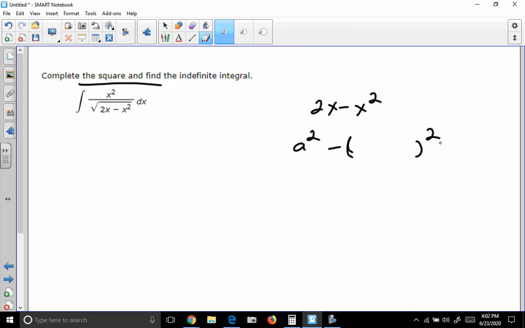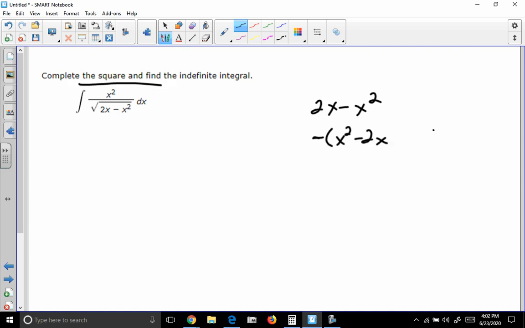So let's start out by factoring a negative out. If we take a negative out, we could call this x squared minus 2x. If we take half of this number and square it, we would get plus 1. And if we add 1, we also have to subtract 1 to keep it equivalent. Well, we don't need this 1 on the inside. So if we take that 1 out front, once it comes out of the parentheses, that negative has to be multiplied by it.